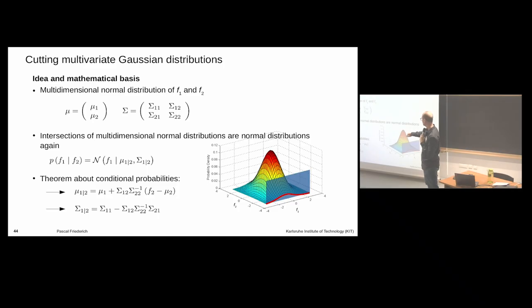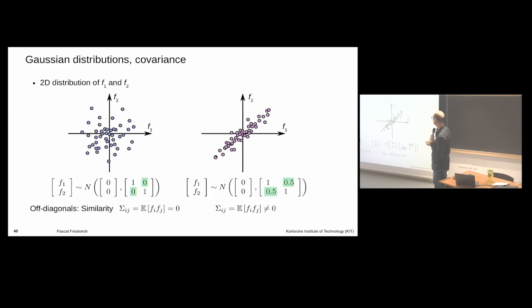Given the value of F2, so 3.2, where we cut it, and all the other parameters that we know from the joint distribution, we can calculate the marginal distribution, basically, or the conditional distribution. So we know what is the most likely observation of mu1 given mu2.